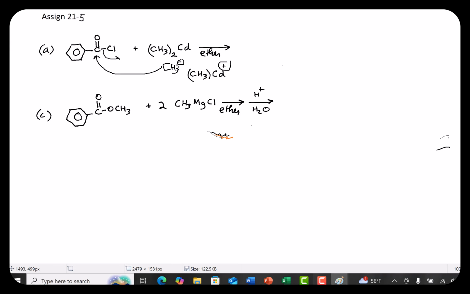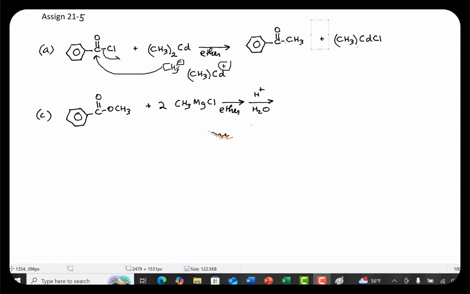So the key is that the ketone that forms doesn't go any further. It can't react with any remaining organometallic. It just doesn't have the oomph to do that. So the product of the reaction is a ketone. Let me write that out. There's the ketone product, and that stops there. The byproduct is the methyl cadmium chloride. The chloride ion leaving group bonds to the methyl cadmium cation.